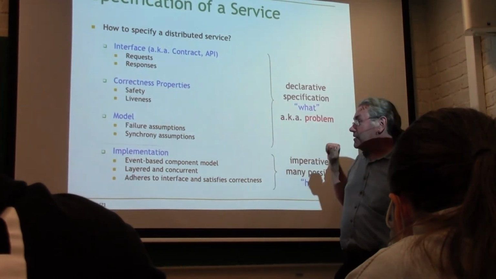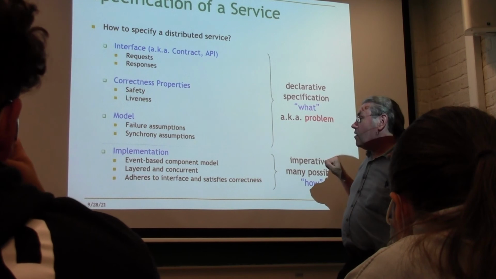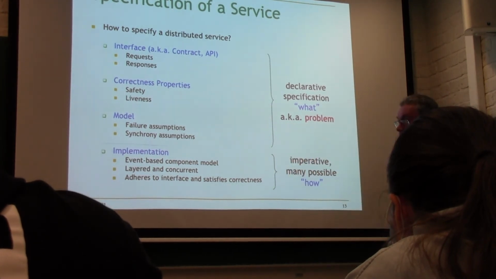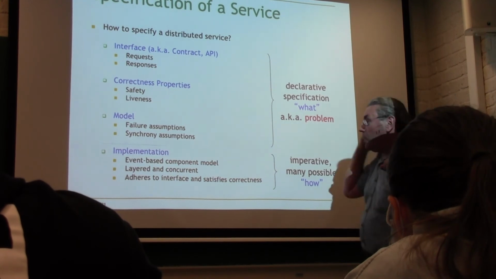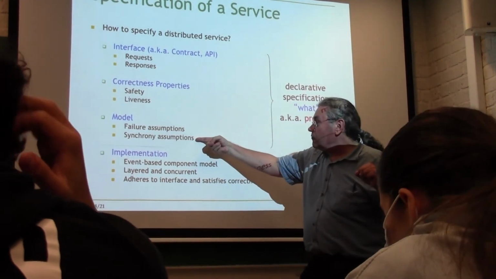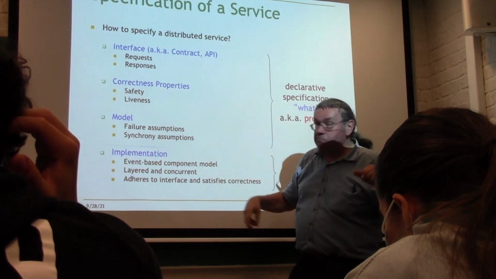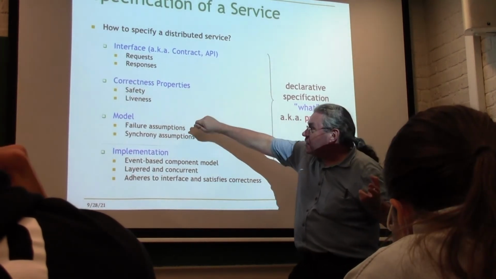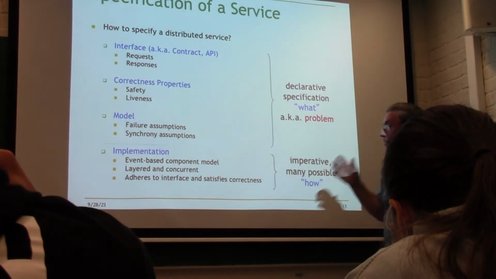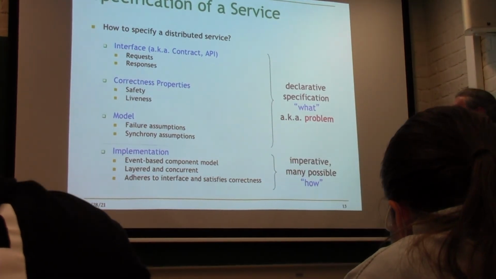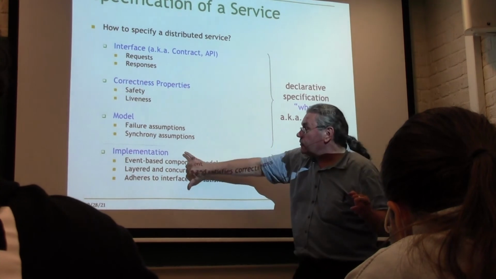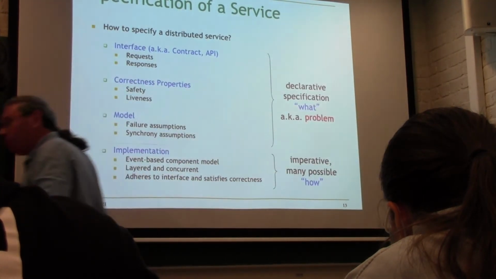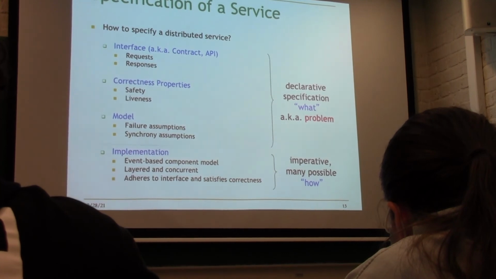Is it asynchronous or synchronous? Very often it will be partially synchronous, because that's the internet case. But this is really important, because if you choose the wrong one, then maybe your algorithm is impossible. So a small change in the model can change the code a lot, okay? And all of this is going to be written using our beautiful event-based component model.